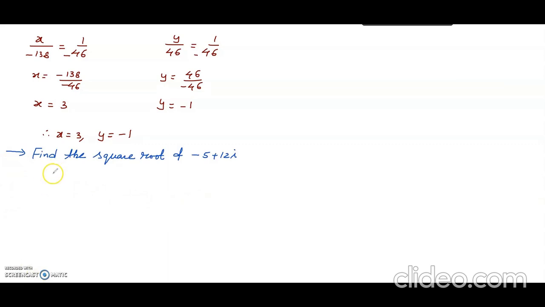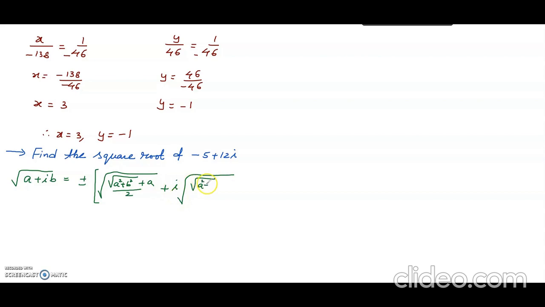So now let us see how to find the square root of a given complex number. Remember, the square root of any complex number a plus ib is given as plus or minus under root of (under root of a square plus b square, plus a) whole divided by 2, plus i into under root of (under root of a square plus b square, minus a) whole divided by 2.